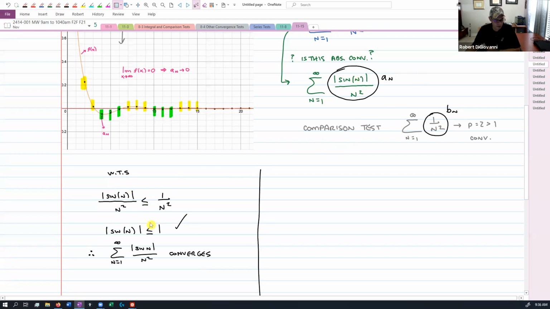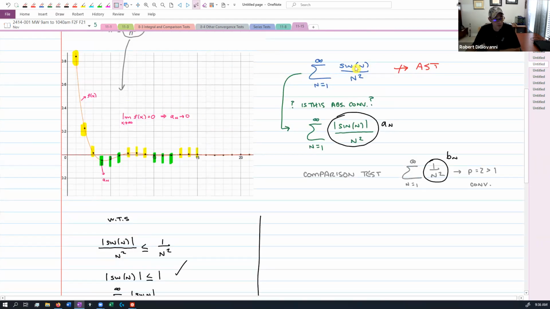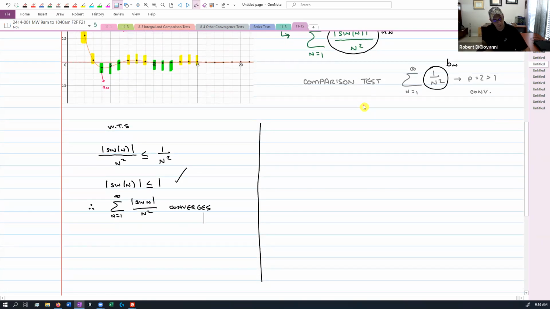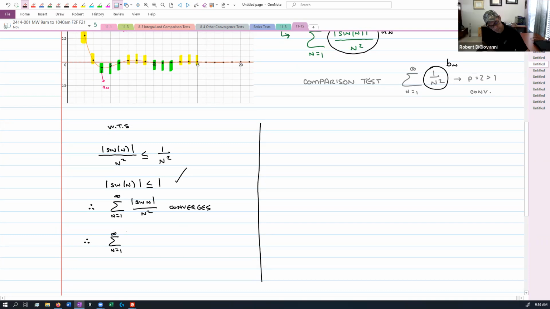This inequality held true, which means that this green one converges. But what then does that tell us about the blue one? That it absolutely converges. This one, without the absolute value on top, converges absolutely.